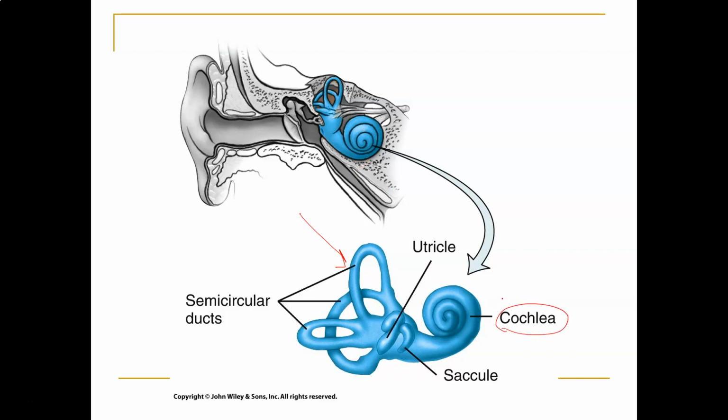Here's the cochlea, the snail, where the hearing receptors are, and then the rest of it, the three semicircular canals, or here they're calling them ducts, and this middle portion called the vestibule, which is subdivided into utricle and saccule.